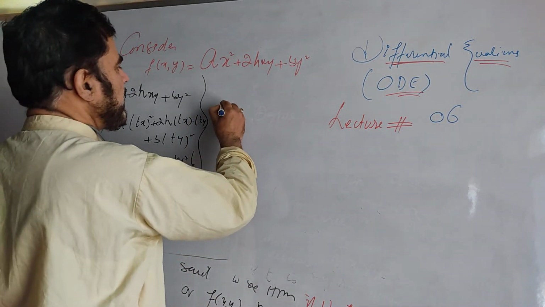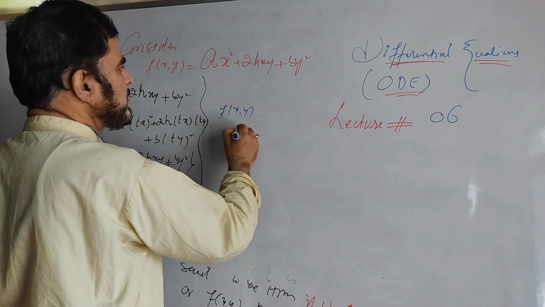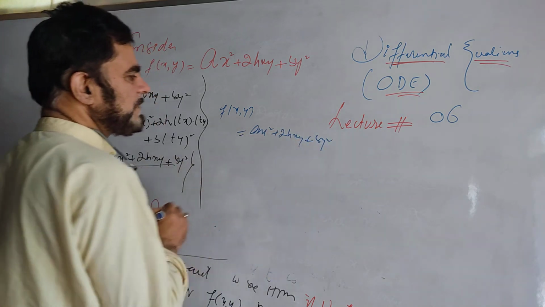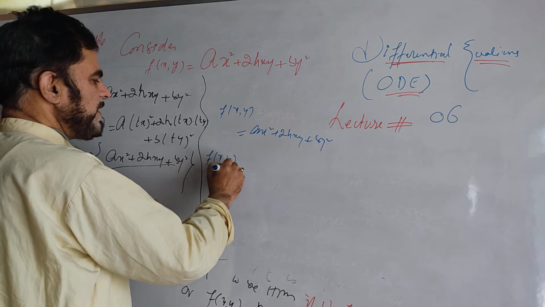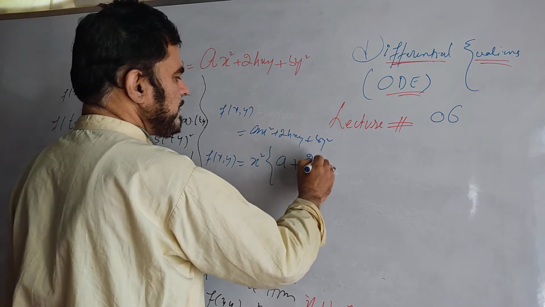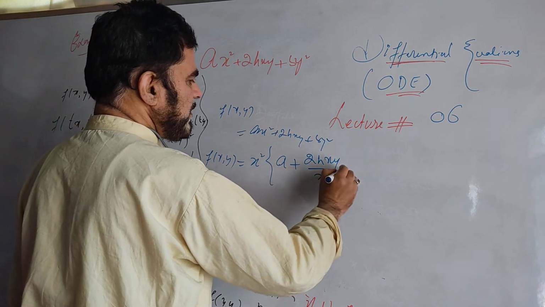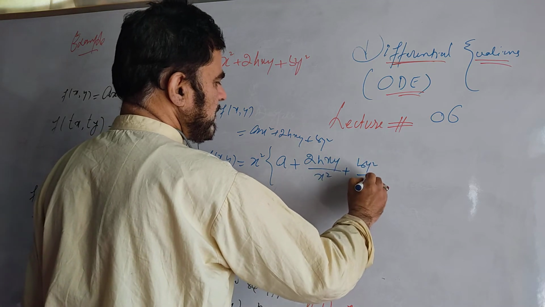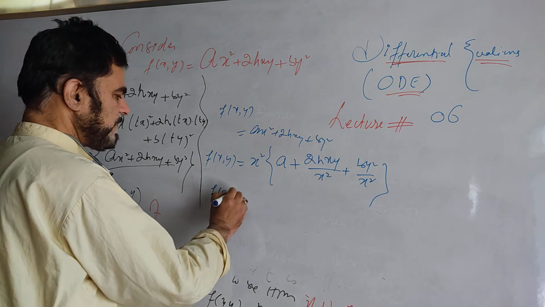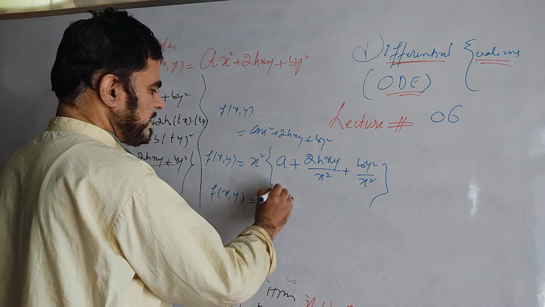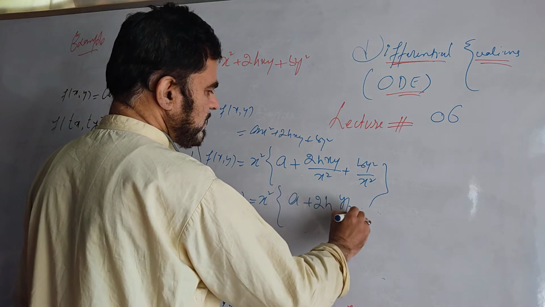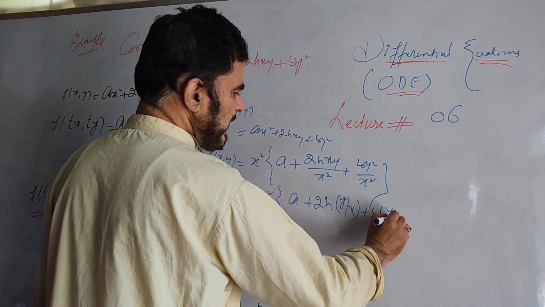Now apply the second definition. Again f of x, y is ax square plus 2hxy plus by square. Taking x square common, I can write it as a plus 2h xy by x square plus b y square by x square, because when you take a term common, you are dividing by it. So f of x, y is x square times a plus 2h y by x plus b y by x square.